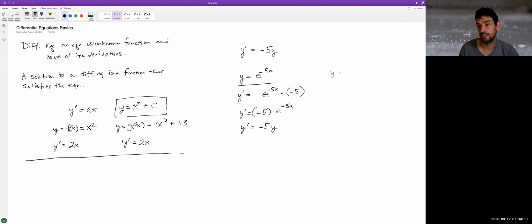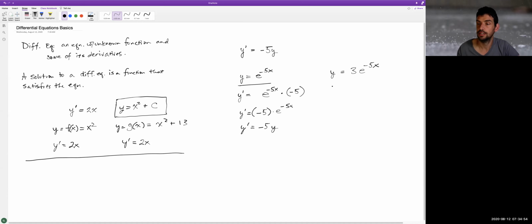In fact, so does this one, right? If I take the derivative of y equals 3e to the negative 5x, I get 3e to the negative 5x. From the chain rule, I get a negative 5 popping out, but that 3e to the negative 5x is just y, okay?